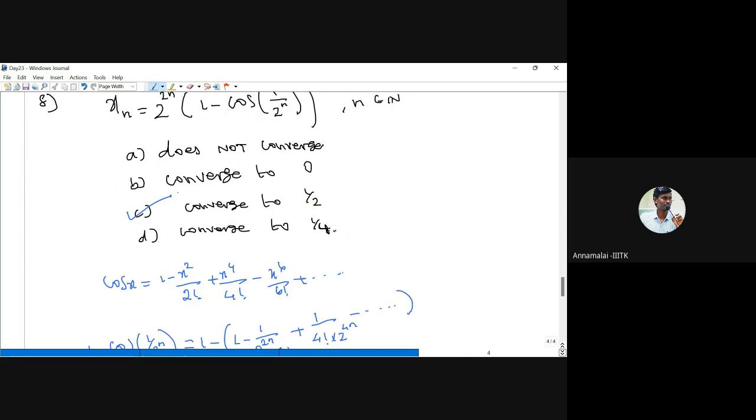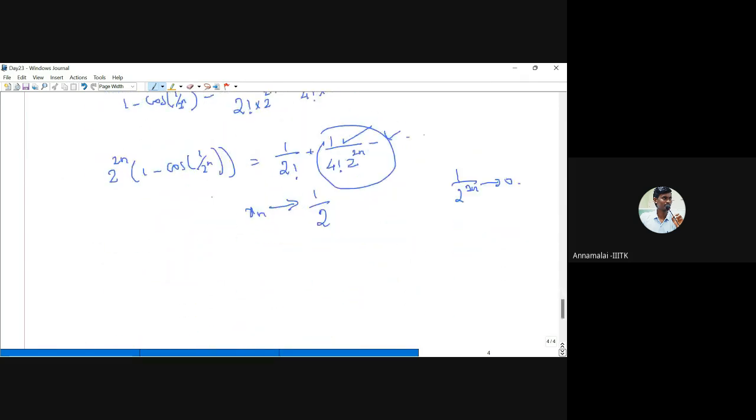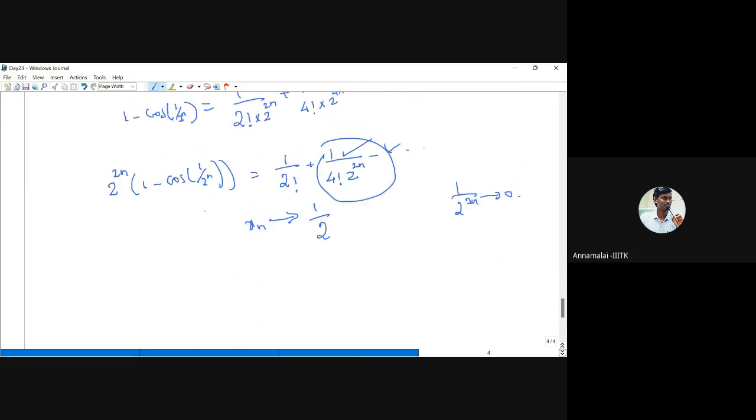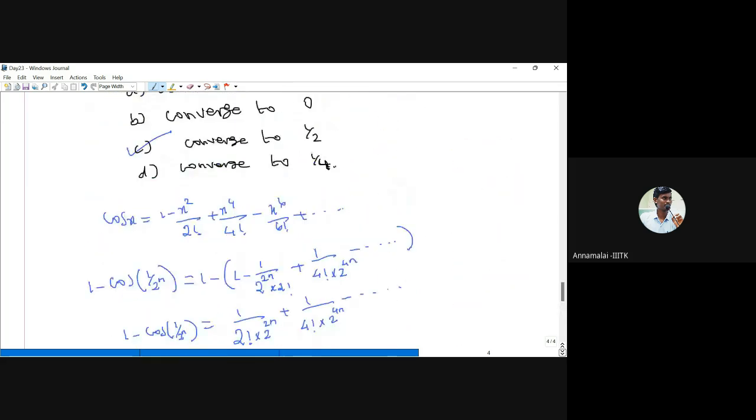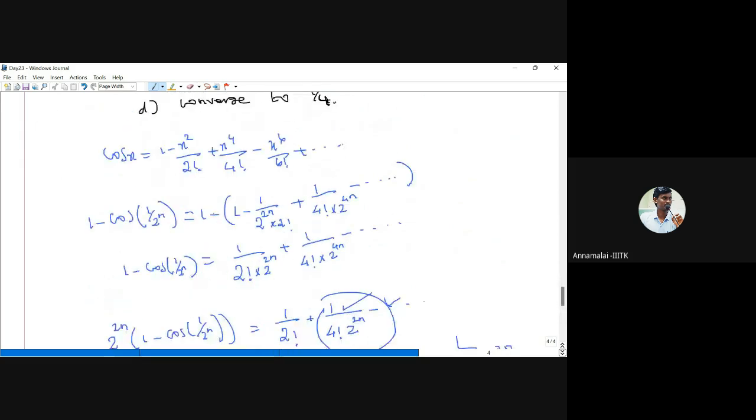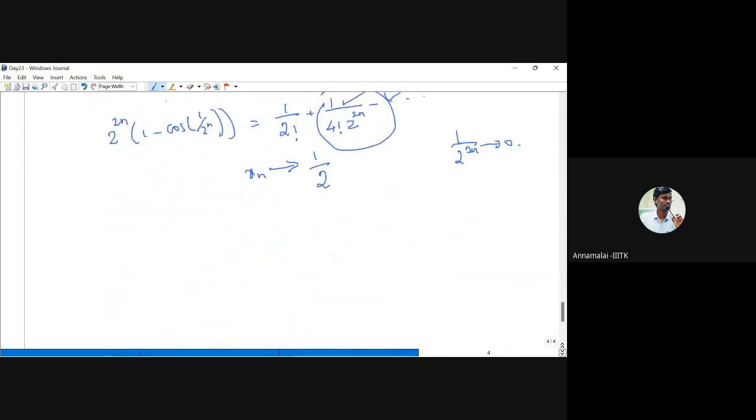Okay. Now, the next one. Ninth problem. Suppose x_n is a sequence satisfying the condition: limit as n goes to infinity of the difference x_(n+1) minus x_n is c. That is, the difference between consecutive terms tends to c as n goes to infinity, where c is a positive real number.